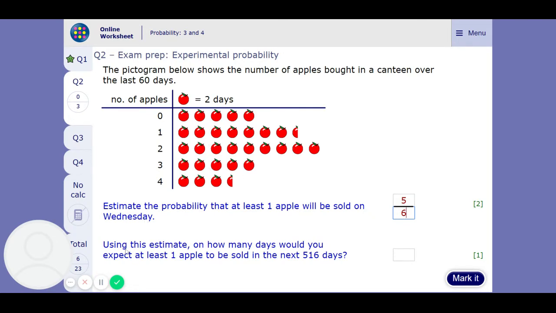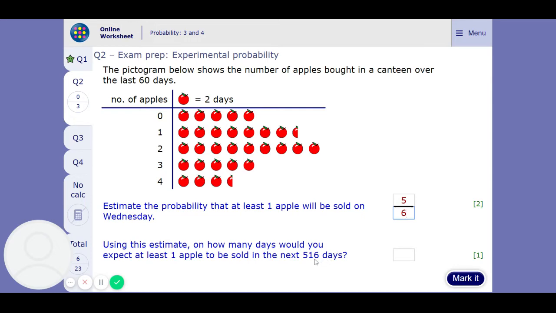Using this estimate, on how many days would you expect at least 1 apple to be sold in the next 516 days? So that just means scaling this up. We've got to realize that 5 out of every 6 days we will sell an apple.